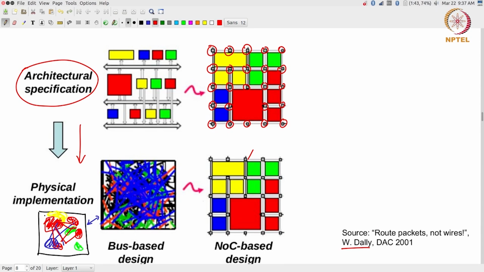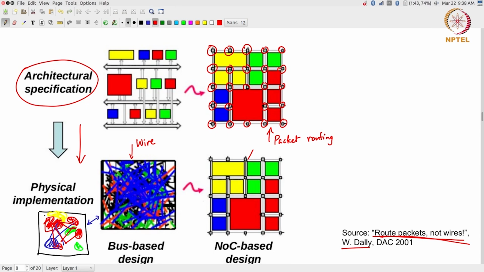His way of putting it was route packets, not wires. Don't do the wire routing that you have over here, do the packet routing instead. That comes about with this diagram. The interesting thing is, if you really go with this approach, then what ends up happening is that your final placed and routed physical implementation looks almost identical to your architecture design.